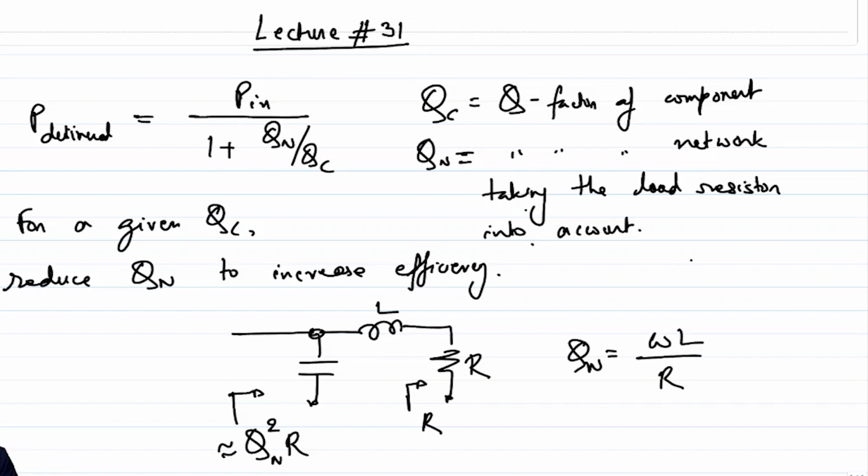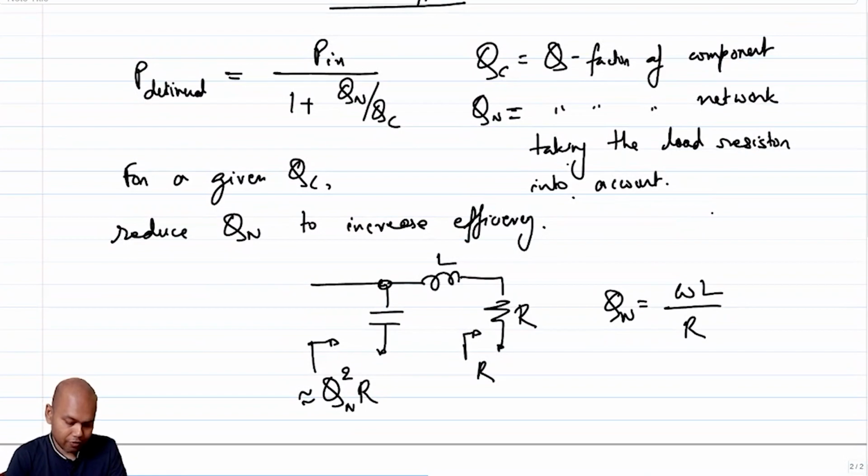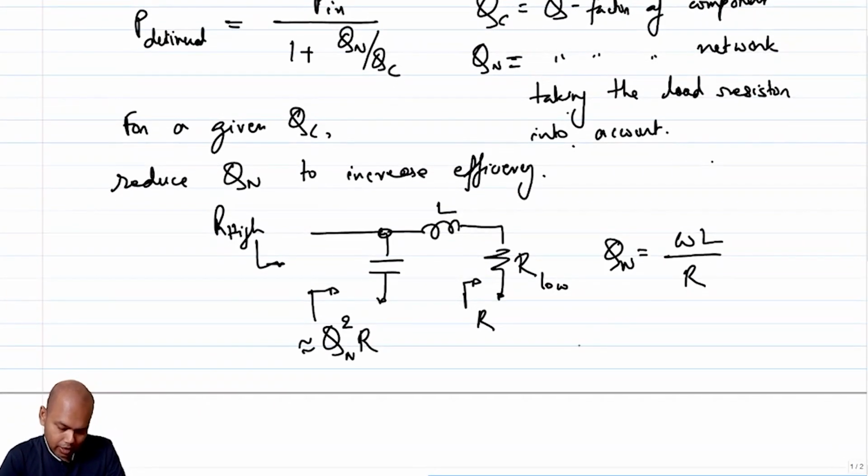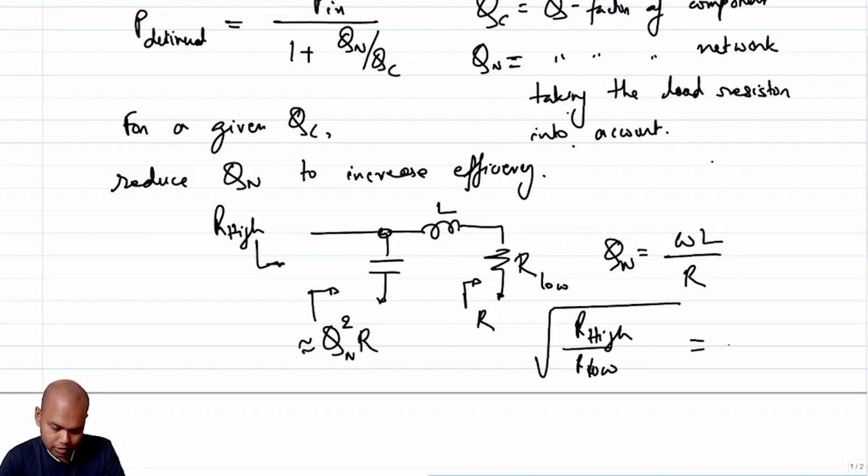You do not have any choice of deciding Qn once you decide to upconvert R to some higher value, right? So for example, if I say this is R low, the impedance looking here is R high, then I am essentially saying that the square root of R high over R low is equal to Qn.